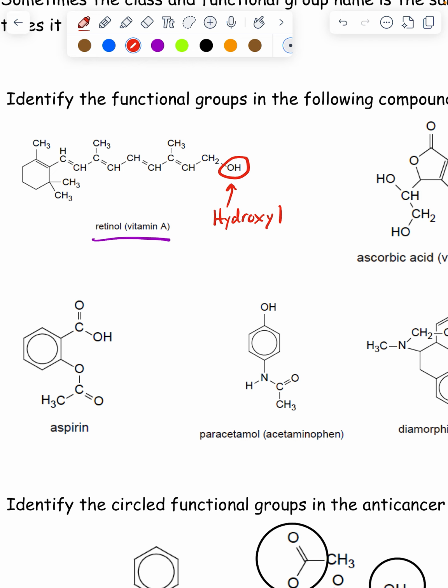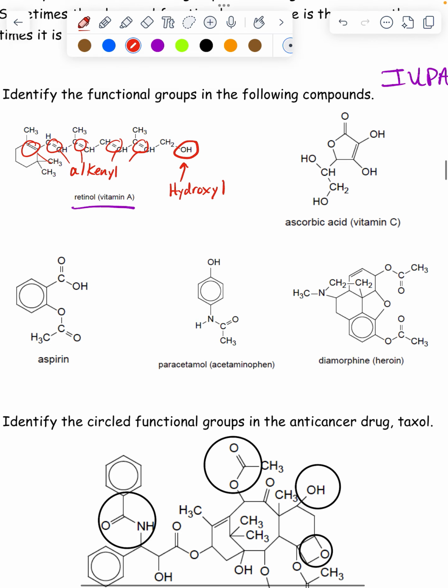So when you see OH groups by themselves on molecules, the name of the functional group is just hydroxyl. These are all C to C double bonds, and so instead of being an alkene, these are alkenyl groups. So all of those are alkenyl groups. So there's two different kinds of functional groups in vitamin A.